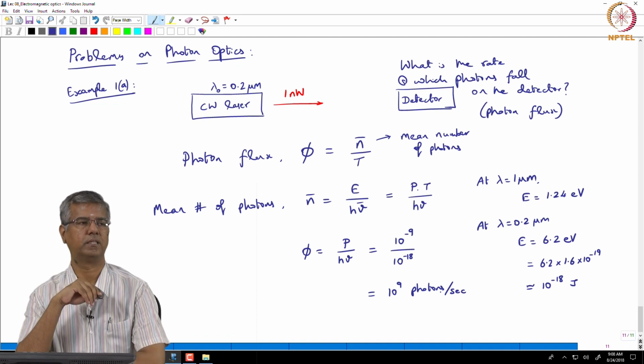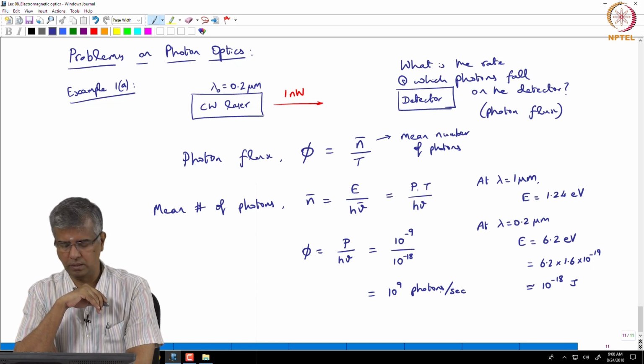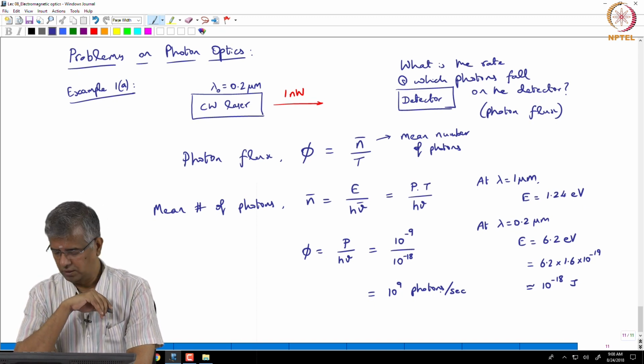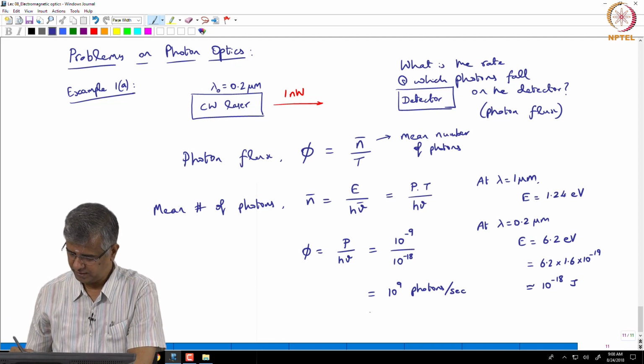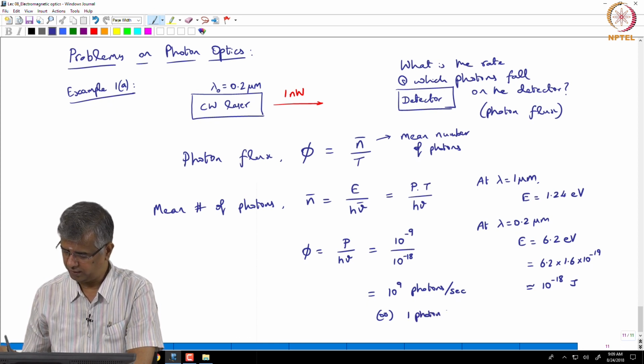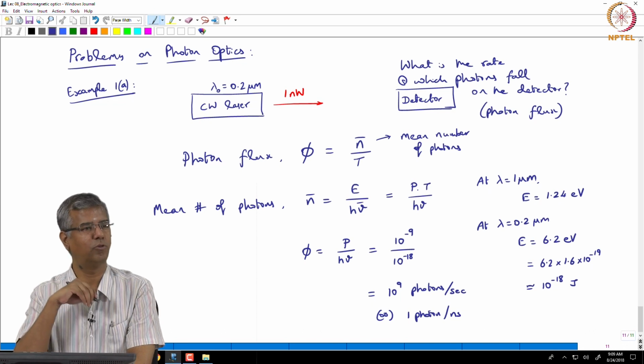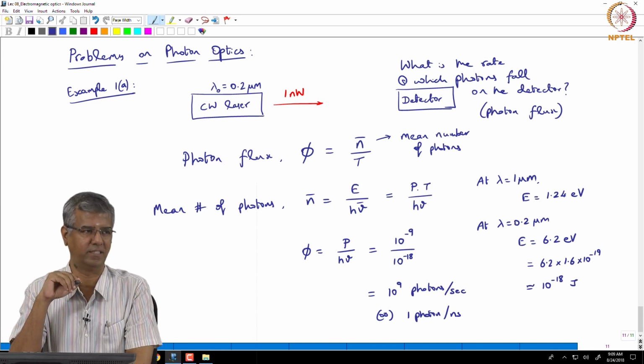So, the photon flux is 10 power 9 photons per second, which corresponds to the power of 1 nanowatt at a wavelength of 0.2 microns. You can also say that this means I have 1 photon arriving per nanosecond, right, 1 photon arriving per nanosecond on the average.